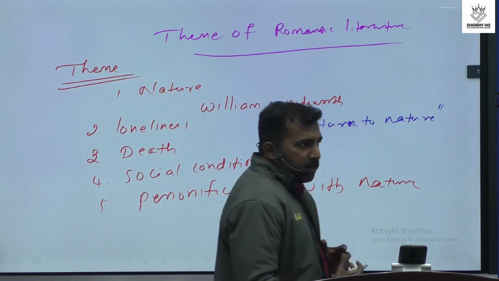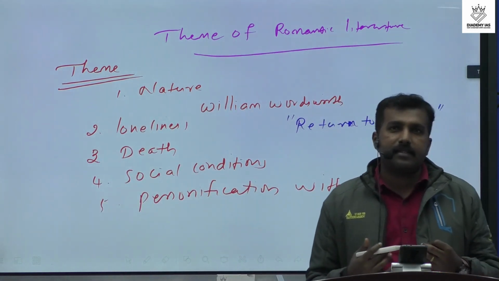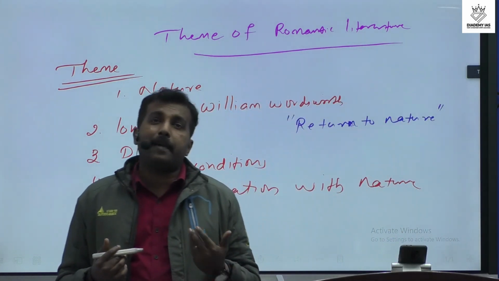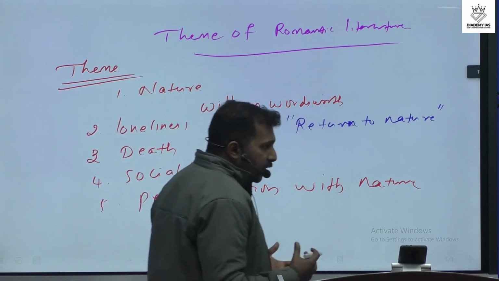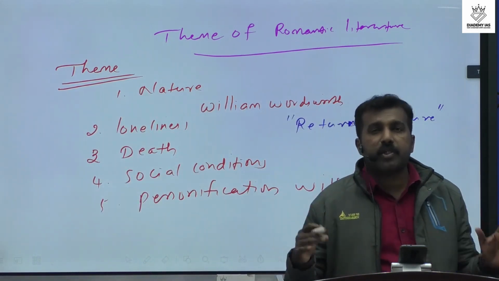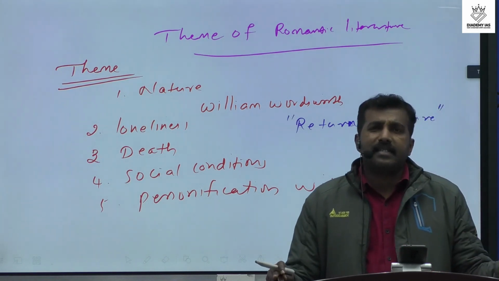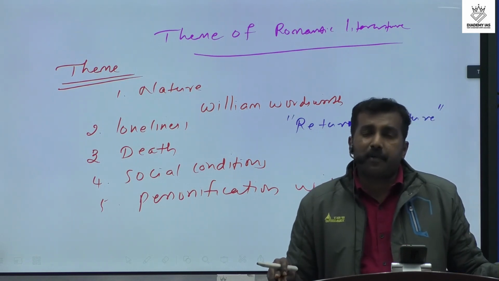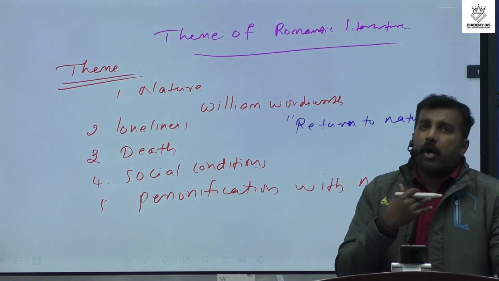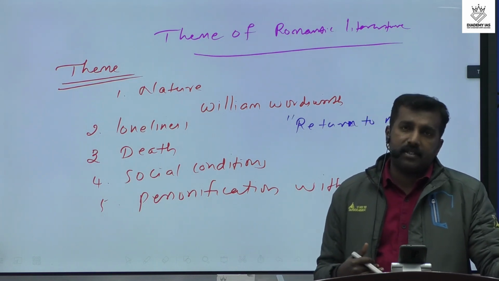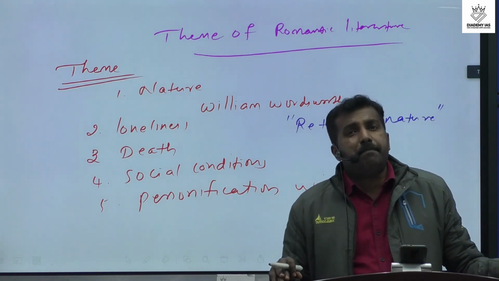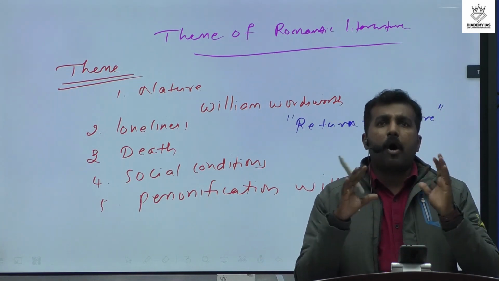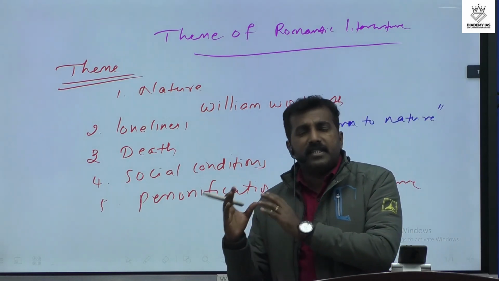So all these are the important themes generally used by writers during Romantic literature, the Romantic movement or Romantic age. So these are the important points relating to the introduction of the Romantic age. We discussed what the Romantic age is, what factors influenced the development of Romanticism, what the common features in Romantic literature are, and what the impact of these literary works is.